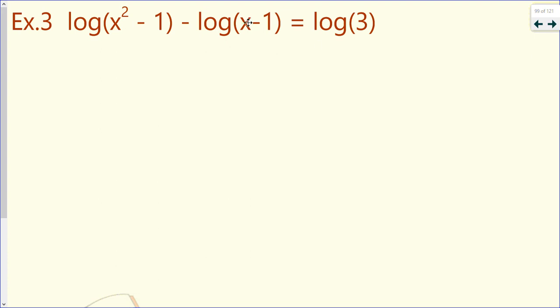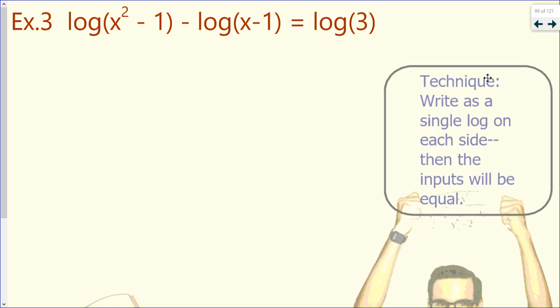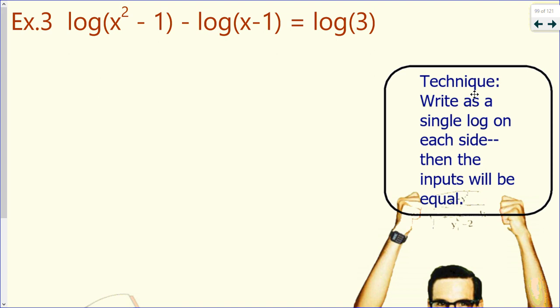So this one, we have 1, 2, 3 logs. But you will notice on the left side that these logs are being subtracted. So we learned log properties that highlighted how to go from multiple logs to 1 log. So the technique this problem highlights is writing as a single log on each side.